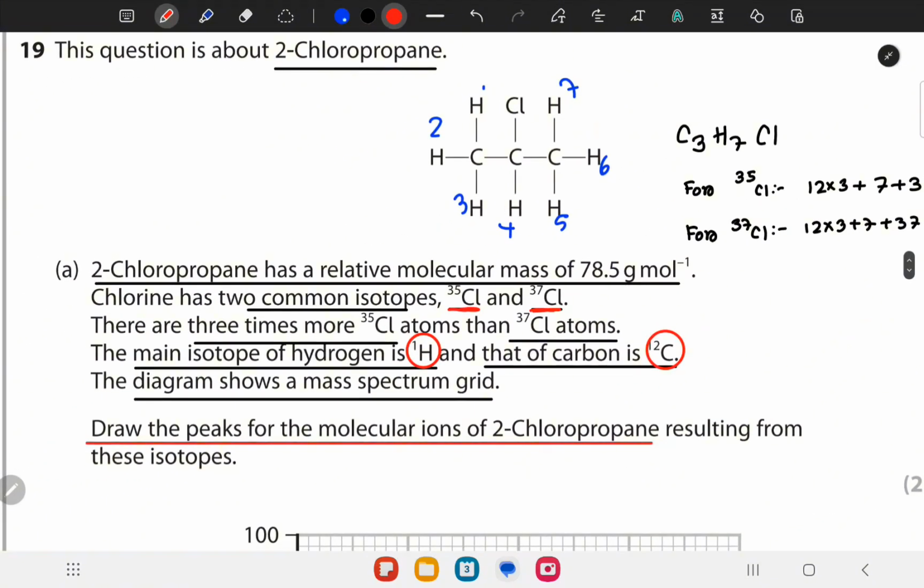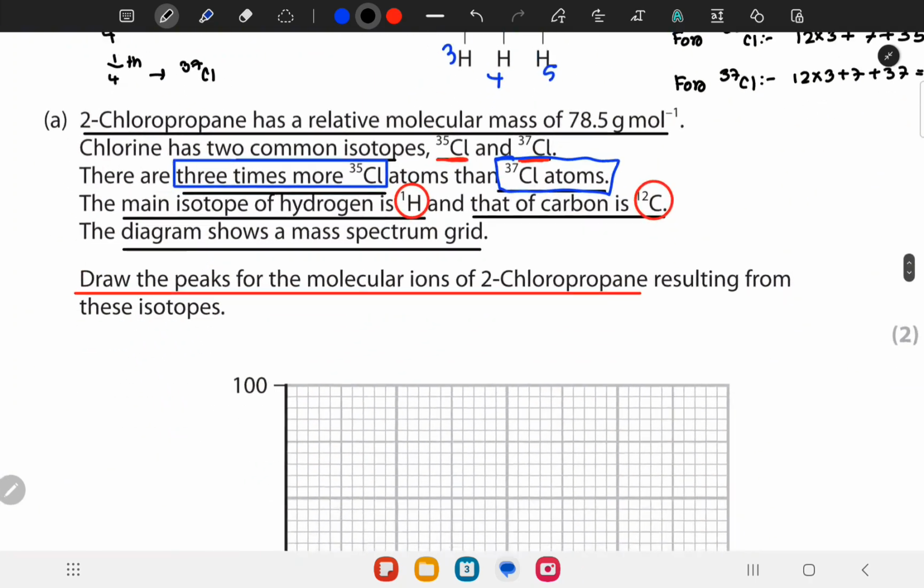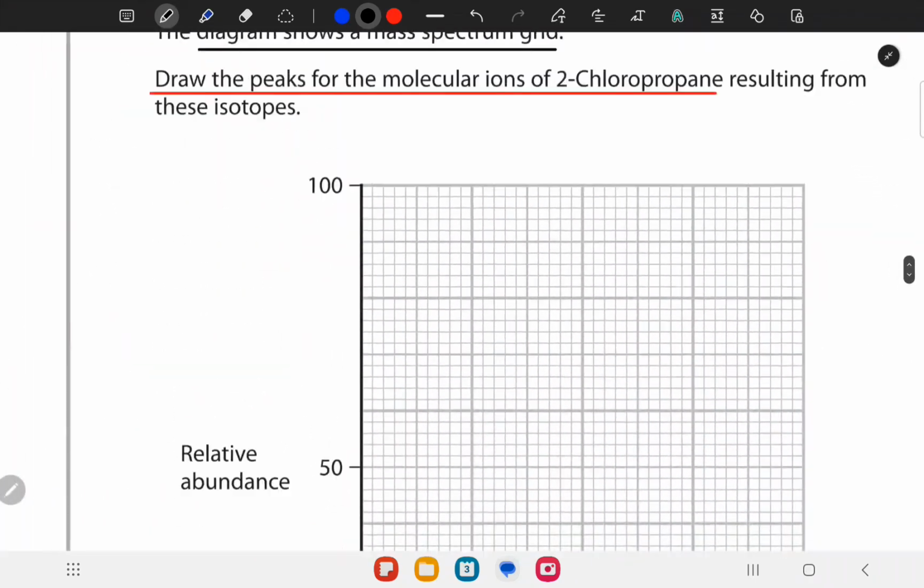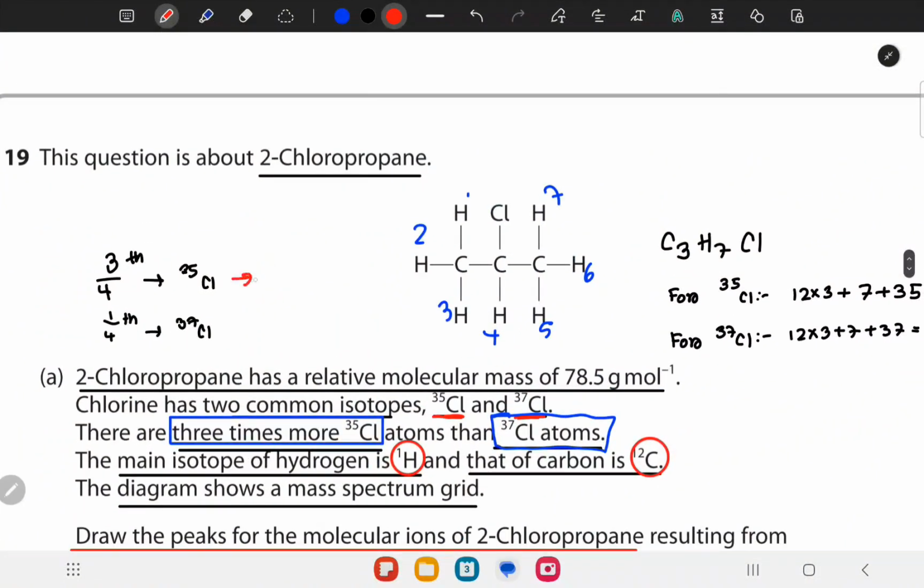And we are also told that there are 3 times more chlorine 35 than chlorine 37. So 3/4 of all chlorine is chlorine 35 and 1/4 of it is chlorine 37. So the relative abundance will be 75% for chlorine 35 and 25% for chlorine 37.